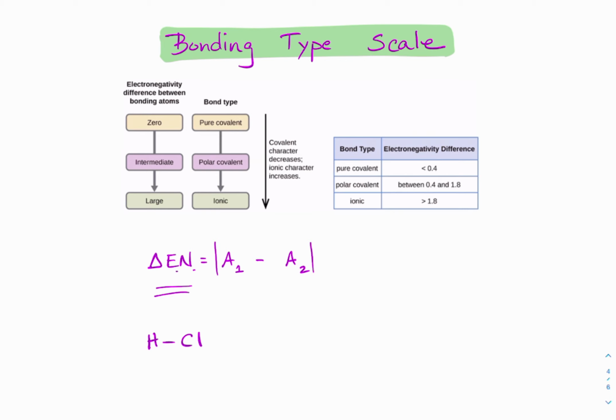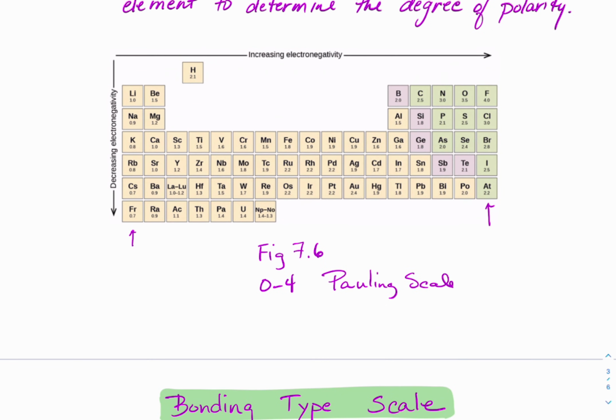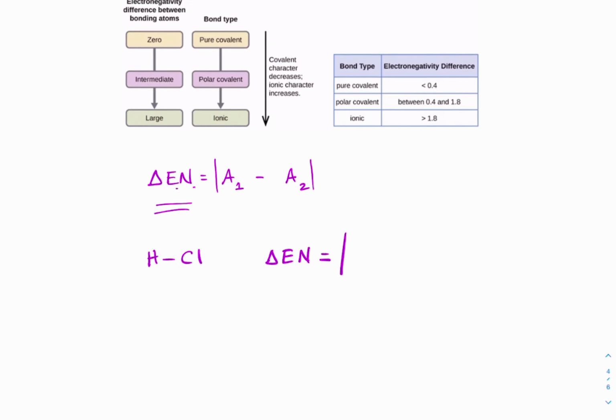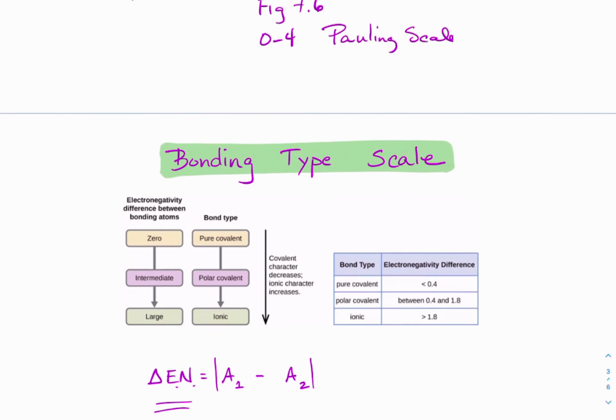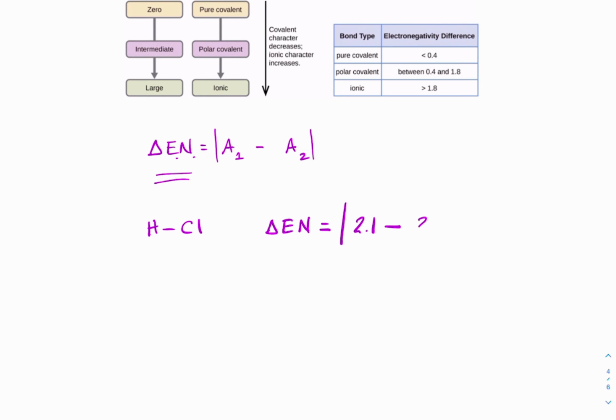I would take the absolute value of the electronegativity of hydrogen, which if we go back to our electronegativity periodic table scale, is 2.1, and subtract from that the electronegativity value of chlorine, which is 3.0. We take that absolute value, and this ends up being 0.9. That is the difference in electronegativity.